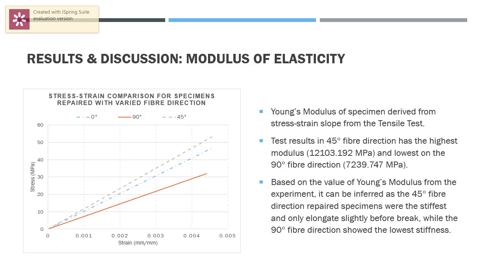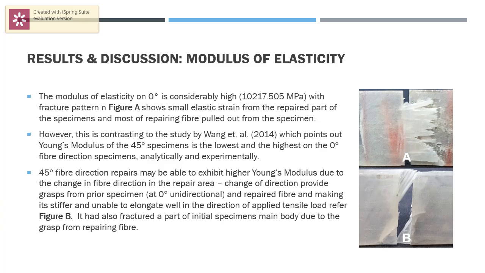Based on the modulus values from the experiment, it can be inferred that the 45-degree fiber direction repaired specimens were the stiffest and only elongate slightly before break, while the 90-degree fiber direction showed the lowest stiffness. The modulus of elasticity on 0-degree is considerably high at about 10,000 megapascal, with the fractured pattern in figure A.